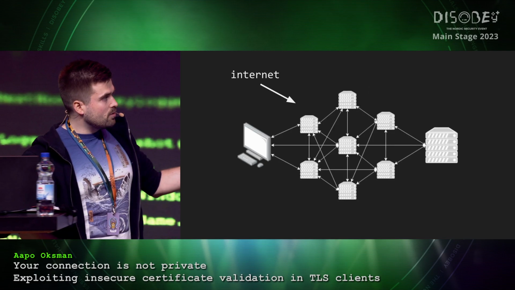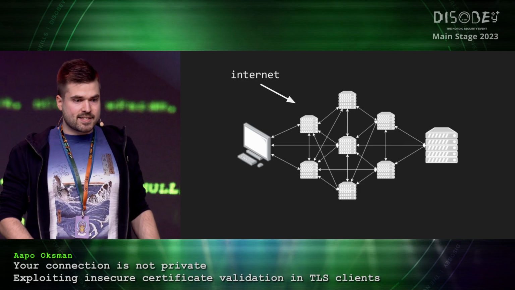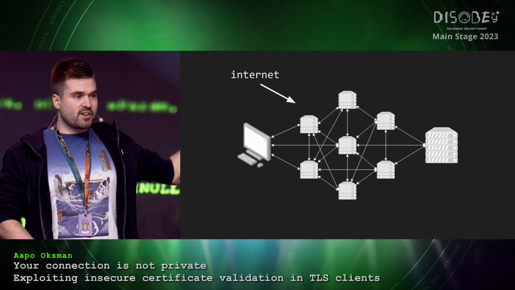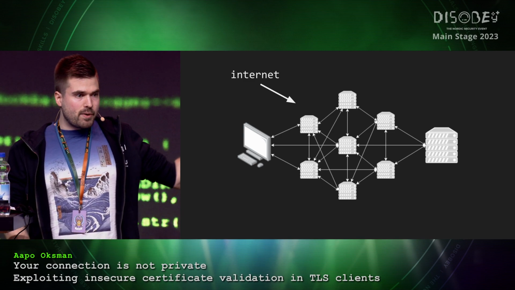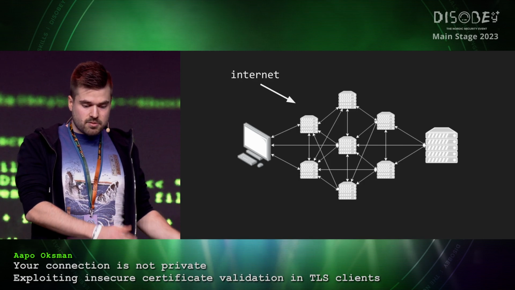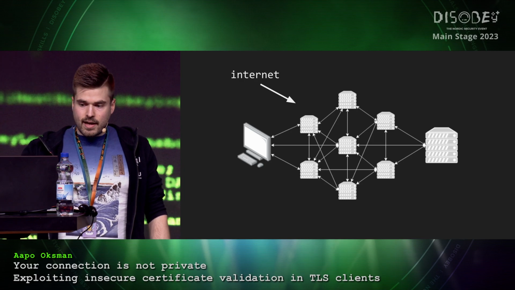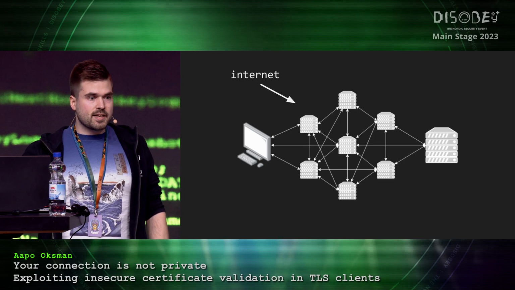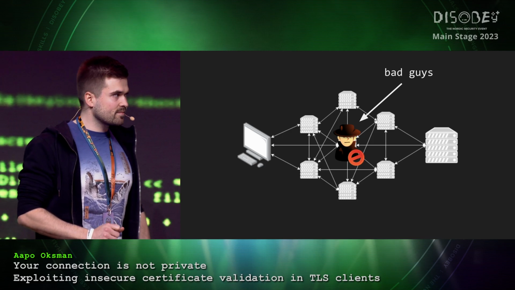Between you and the server, there is this big mess called the internet. I think there have been books written about that. But that's basically a bunch of computers trying to figure out how to get you what you want. And in the internet, and I think here tonight, there are some bad guys.